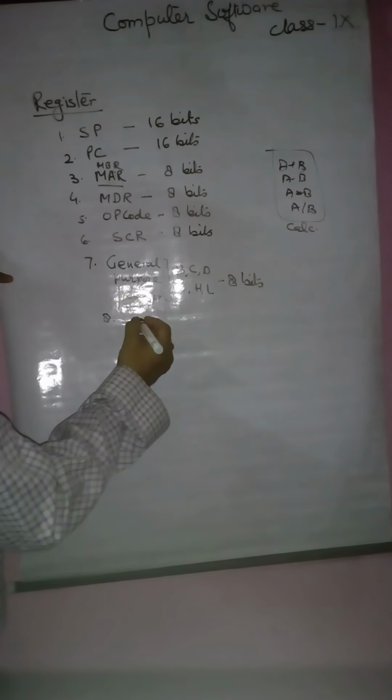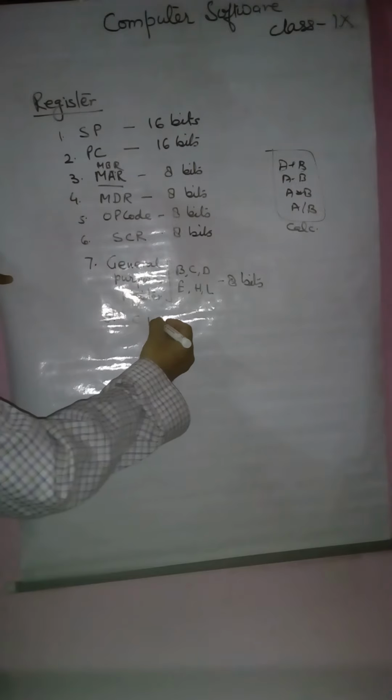Next is CIR, current instruction register. It is the last step for the processing performed in the ALU.